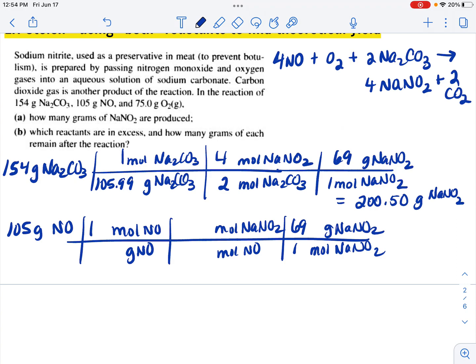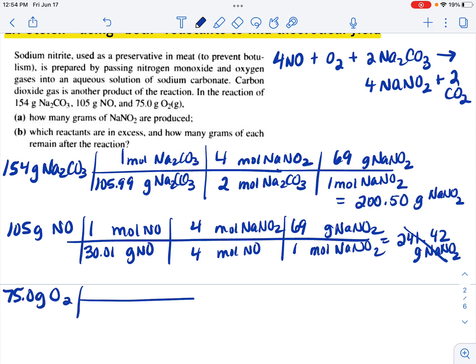Moles of NO, 1 mole is 30.01 grams from the periodic table. And from my equation, this is 4 to 4. This gives me a potential of 241.42 grams of NaNO2. And since using all of the sodium carbonate would produce only 200 grams, I already know that this is impossible.